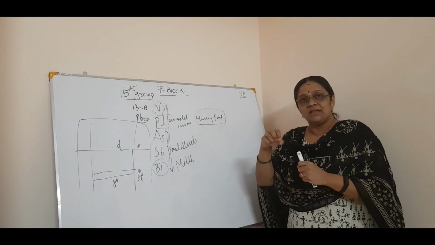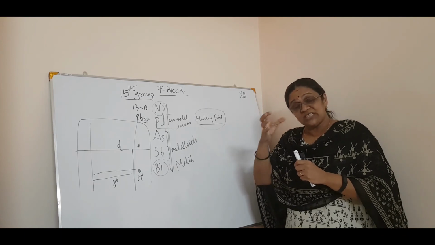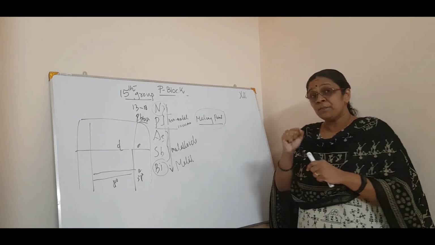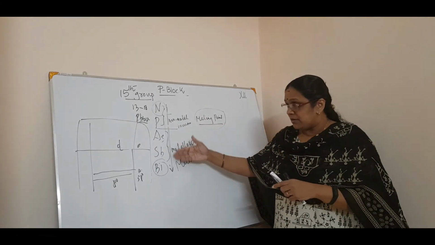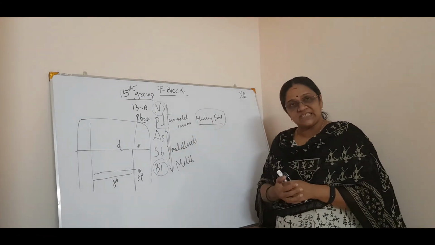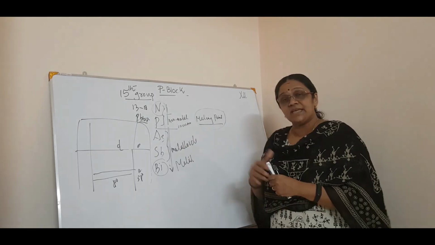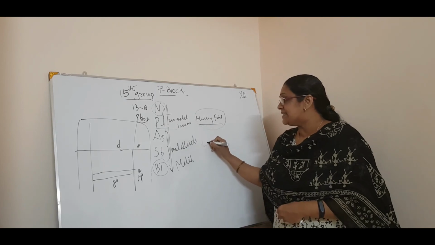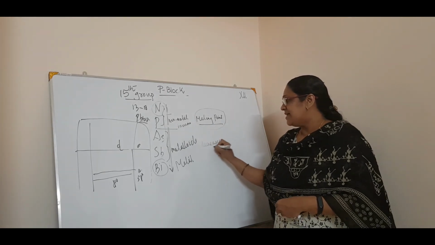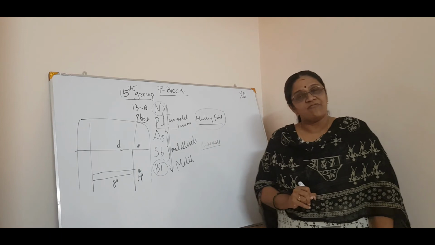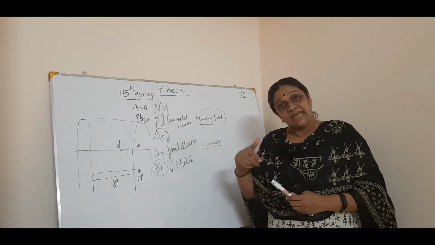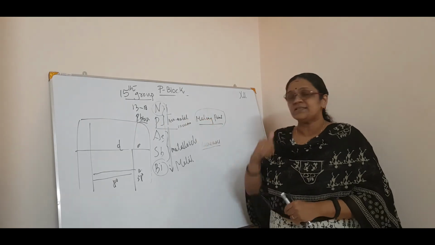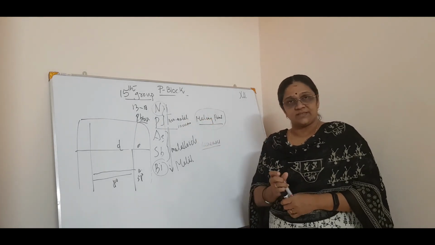If the bond is very strong, the melting point is very high, isn't it? But when you come to arsenic, antimony, bismuth, in the case of arsenic and antimony, the melting point decreases, which means the energy to break that bond will be lower than in nitrogen and phosphorus.